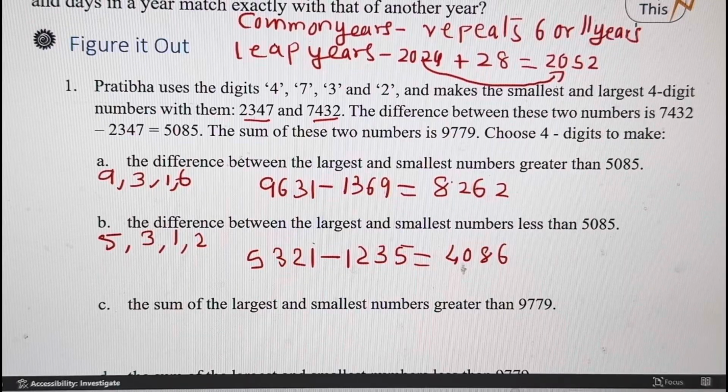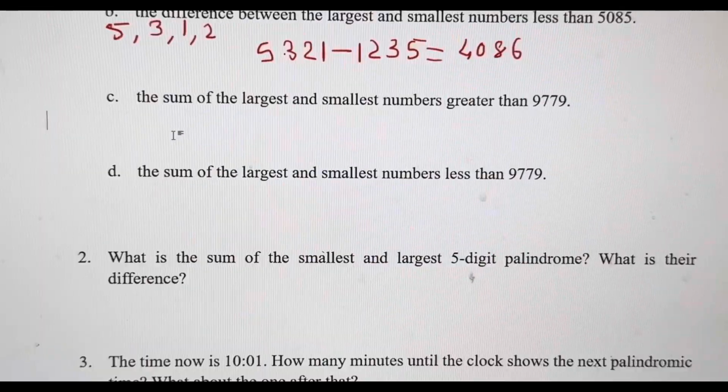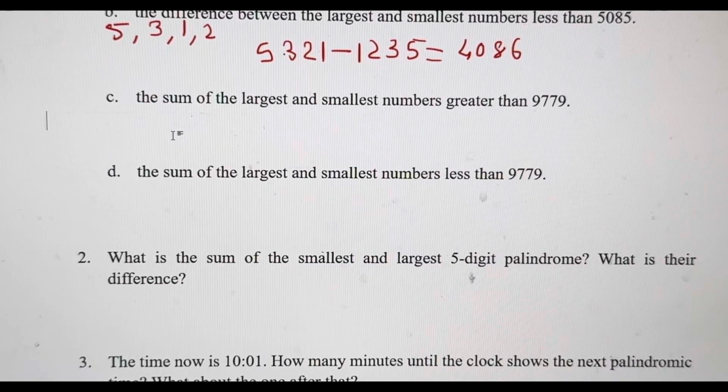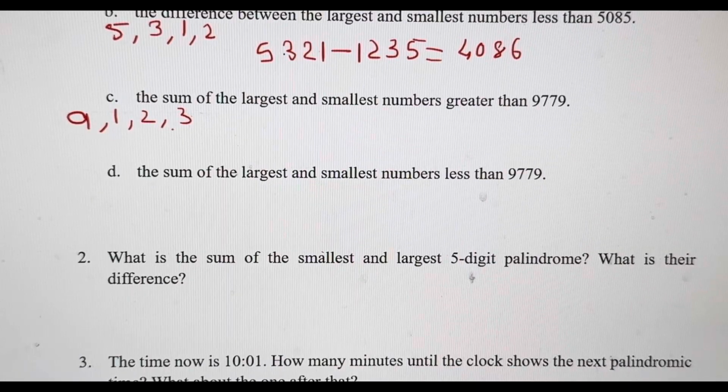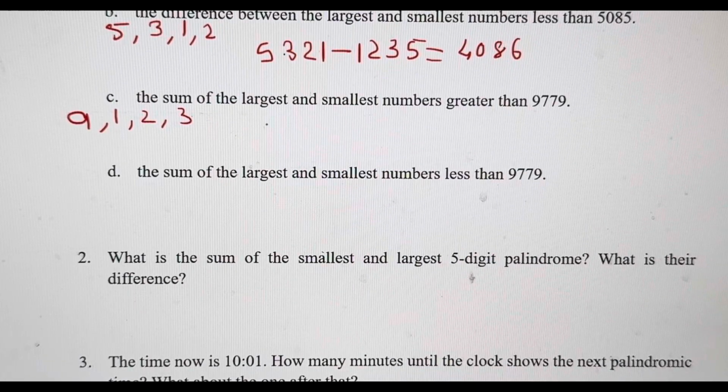Okay. Now let us see the third question. Part C says that the sum of the largest and the smallest number should be greater than 9779. Here it is compulsory that you take the greatest digit as 9. If you take any other digit, there are chances of the answer being less. So we choose the digits 9, 1, 2, 3. The larger the digit you take, the more the chances increase.